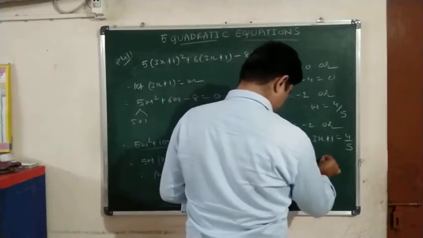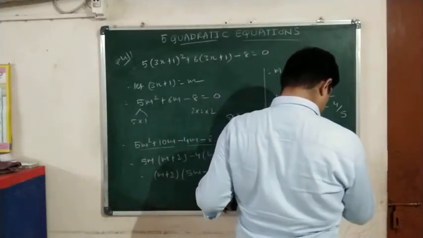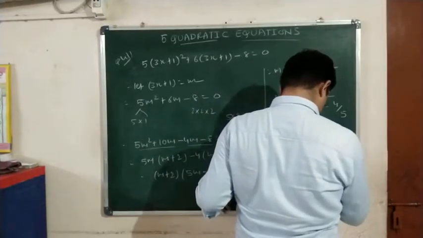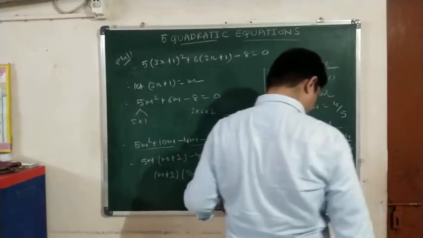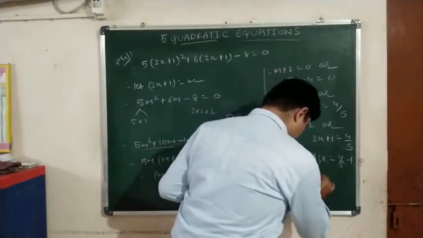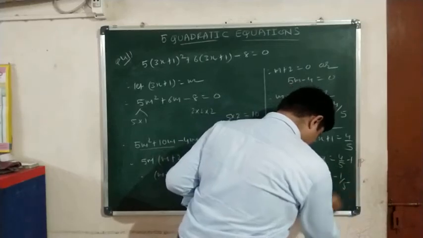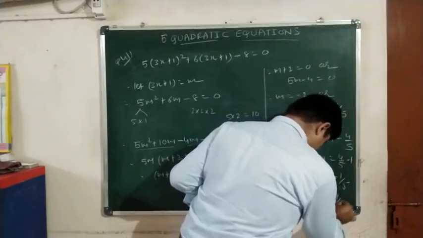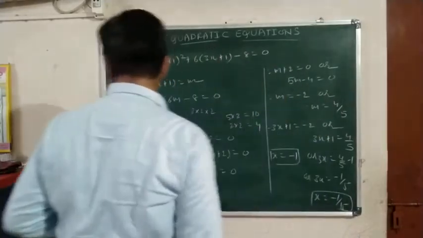Or 3x is equal to 4 upon 5 minus 1, 3x is equal to minus 1 by 5, or x is equal to minus 1 upon 15.